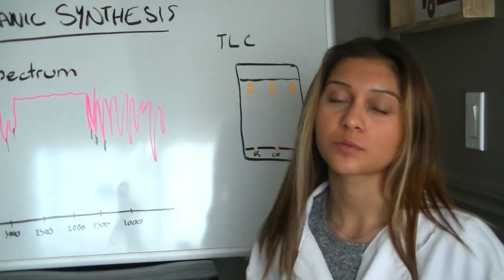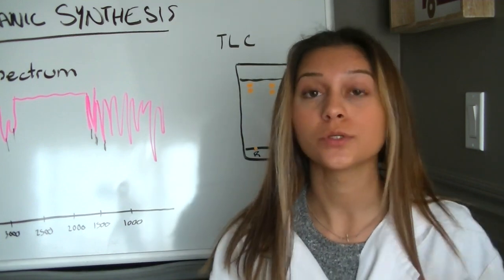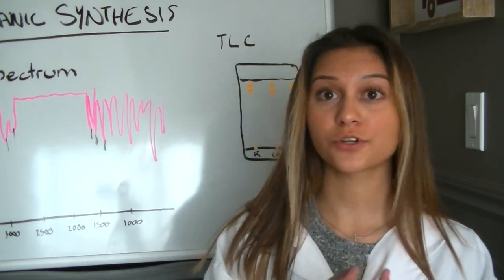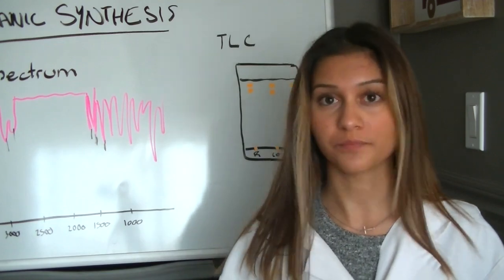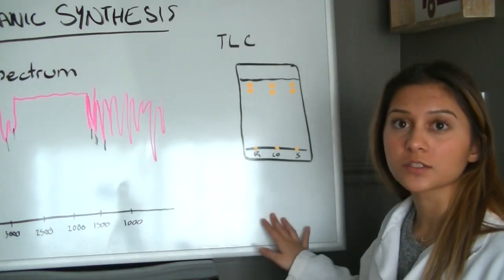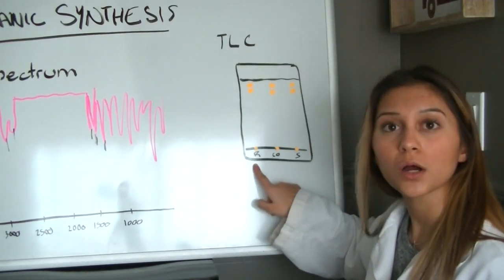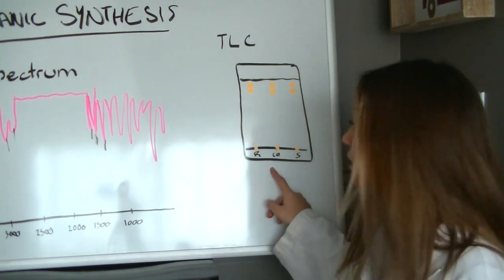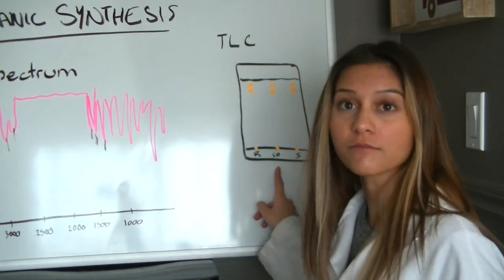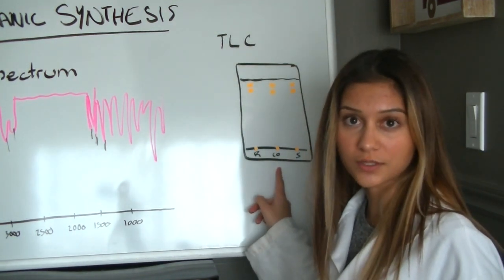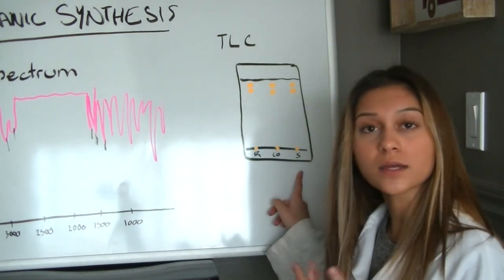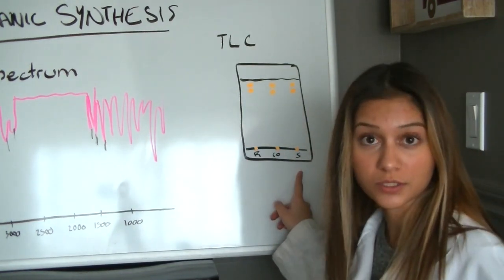We will now analyze the product of our organic synthesis lab using our TLC plate that was created as well as our IR spectrum. When looking at our TLC plate, we see that we have an R spot, which represents the 2-naphthalene. We have a co-spot that consists of the 2-naphthalene and the 2-butoxynaphthalene, as well as an S spot, which is just the butoxynaphthalene alone.